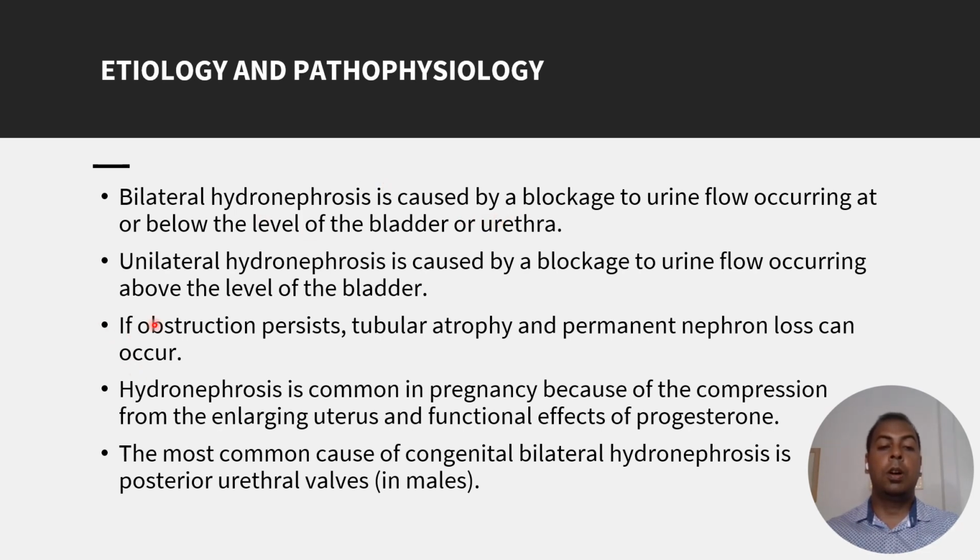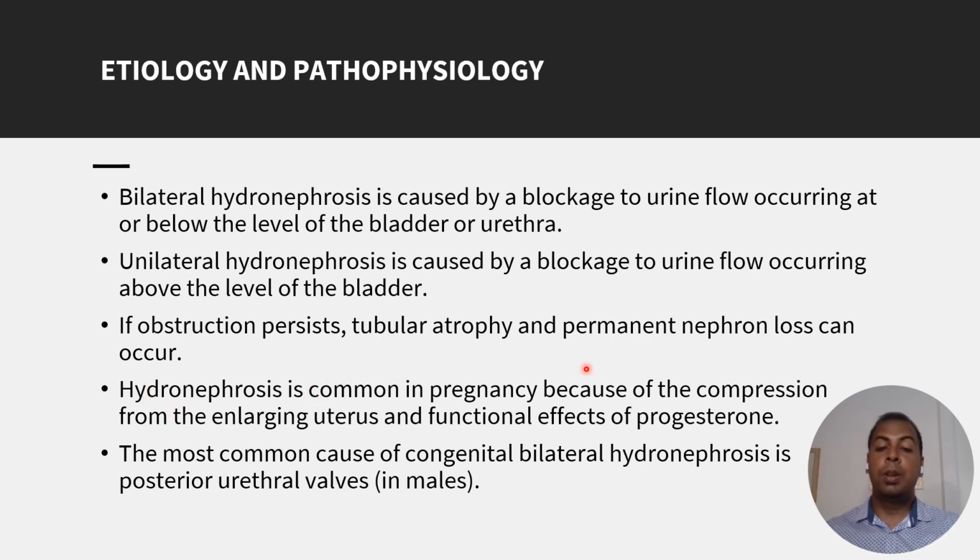And if obstruction persists, especially in bilateral hydronephrosis, then tubular atrophy and permanent nephron loss can occur. That's as a result of increased pressures from the hydronephrosis, which would go on to compromise the vascular supply to the kidney.